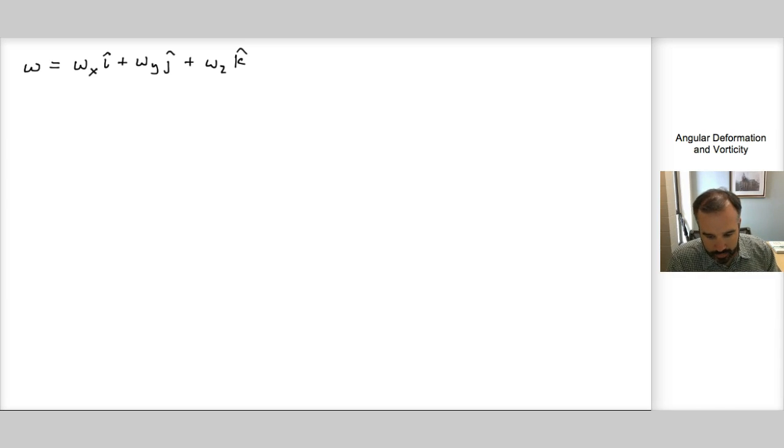Formally, we're going to say that this is equal to 1/2 the curl of V, or equal to 1/2 our del operator cross V. So it's the cross product of the del operator and V.